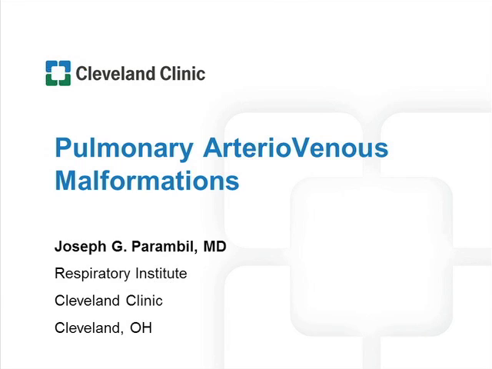While HHT is a genetic disease, the diagnosis remains clinical with well-defined criteria, including epistaxis, telangiectasia, visceral lesions, and family history. HHT can involve several organs, including the lungs, the liver, and the brain, and can be complicated by hypoxemia and neurologic manifestations.